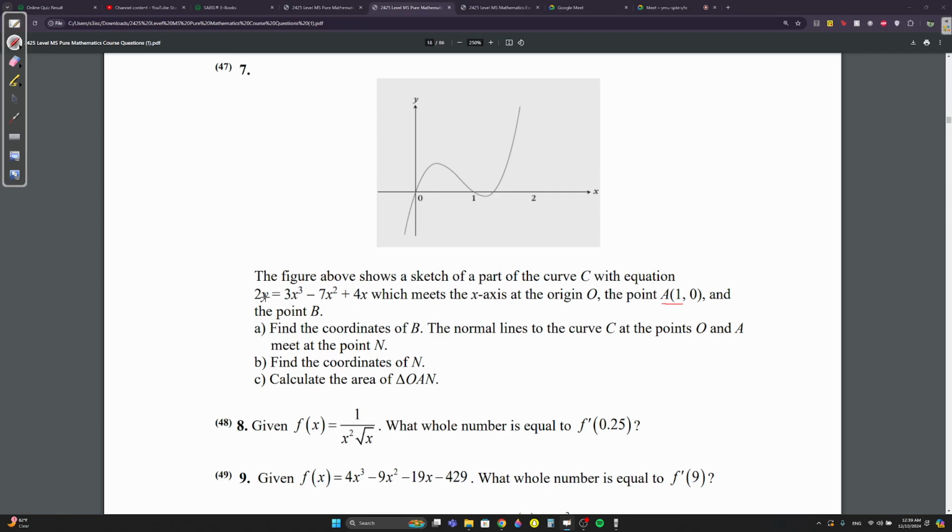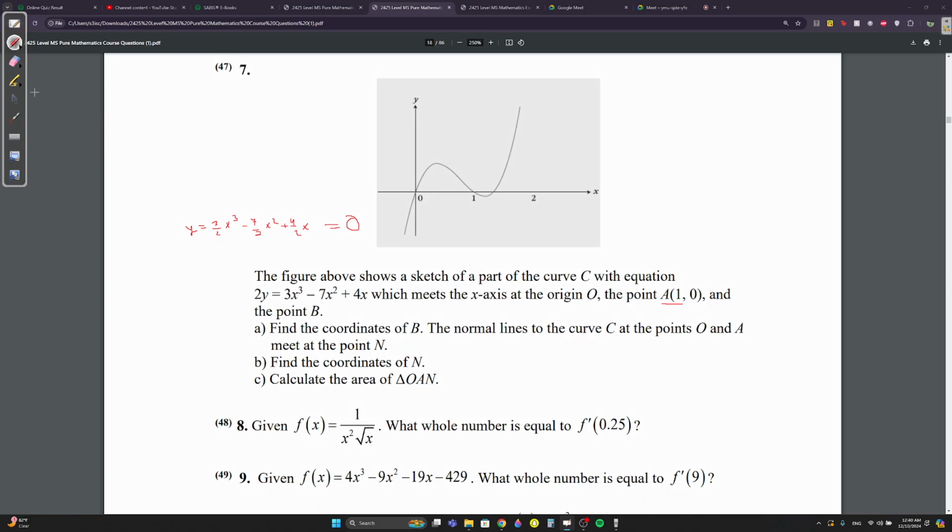Divide by 2, because when do you ever see 2y? You need to get rid of it by dividing by 2. So y is going to be 3 over 2 x cubed minus 7 over 2 x squared plus 4 over 2 x. So we know that it's a root, so equate it to 0, right?